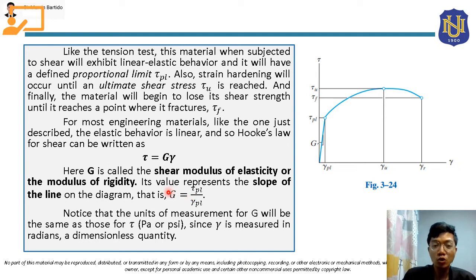So the unit for G will be the same as the unit of tau. In short, the unit for G is just Pascal, PSI, KSI, or megapascal, depending. So that's the unit for G, the shear modulus of elasticity or modulus of rigidity.